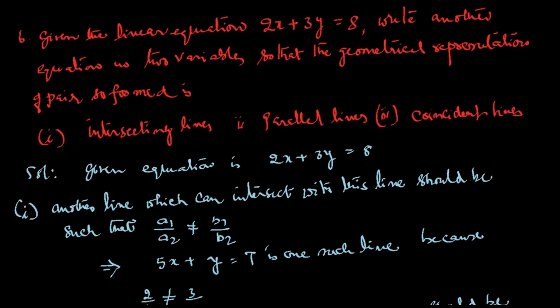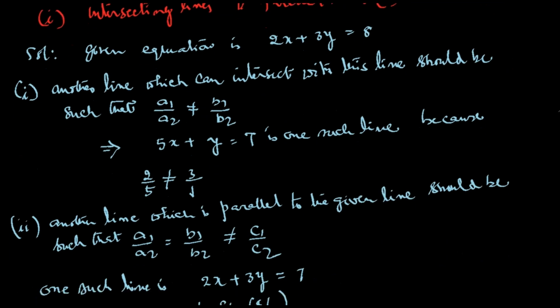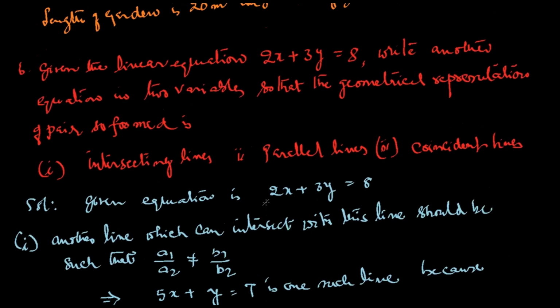Given the linear equation 2x plus 3y equal to 8, write another equation in two variables so that the geometrical representation of the pair so formed is intersecting. So one equation he has given, the other equation we should formulate. 2x plus 3y equal to 8.